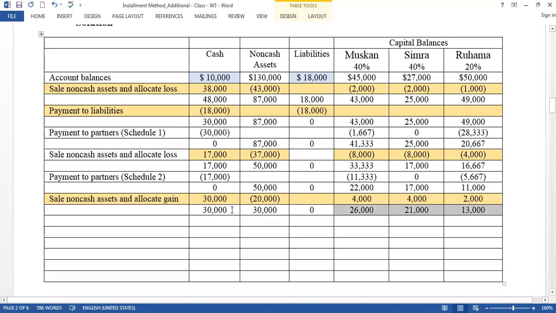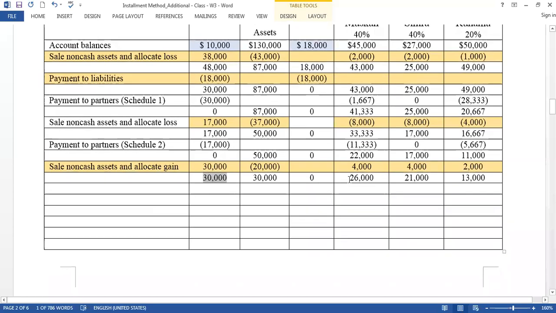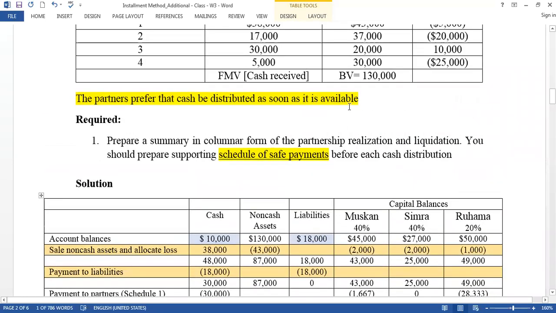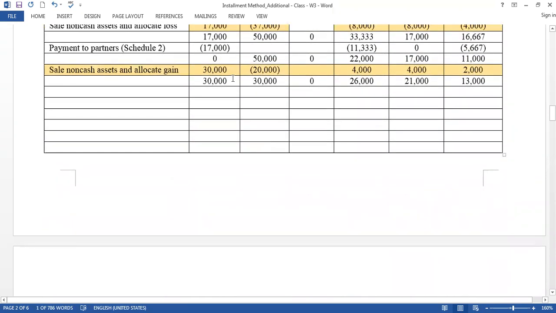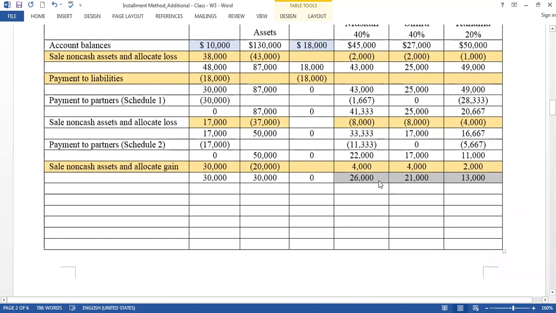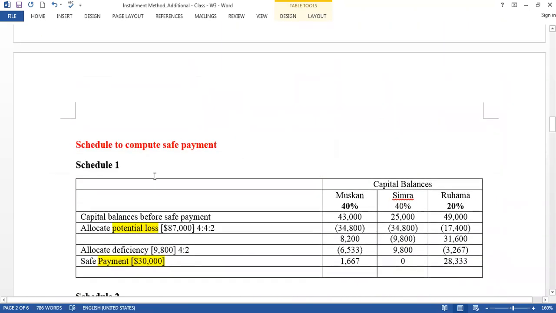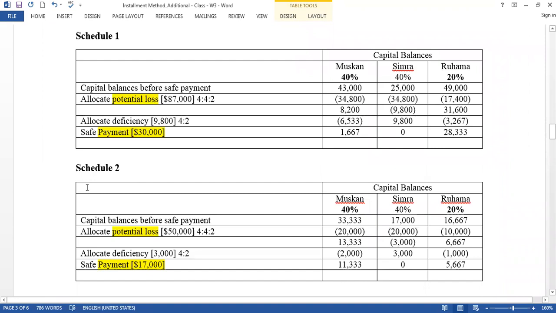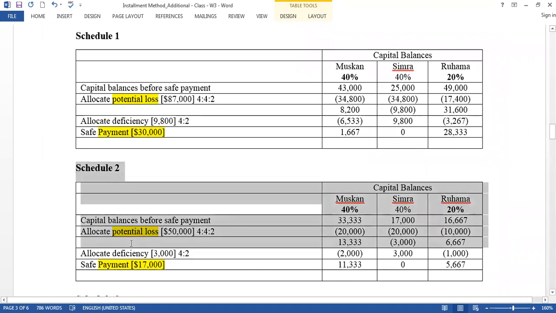Now again, you can ask how much cash we have. We have $30,000 cash, and whenever we have available cash, we have to distribute it to the partners, right? Now this $30,000 we have to distribute to the partners, but again the problem is that this $30,000 is lower while the partners' capital is higher. Then go for another schedule.